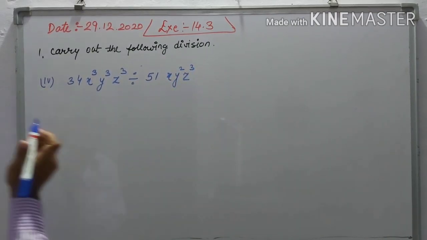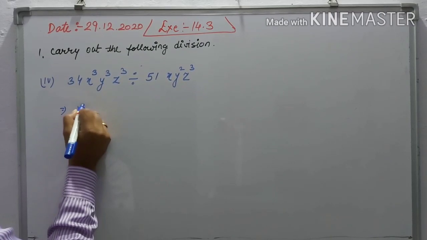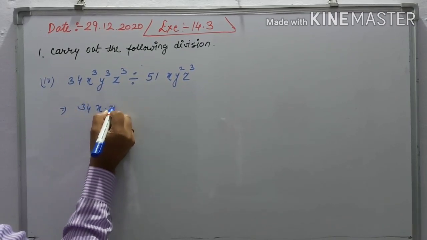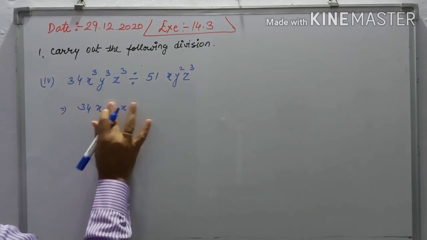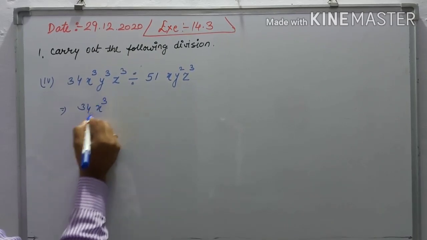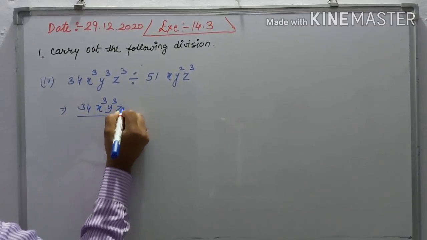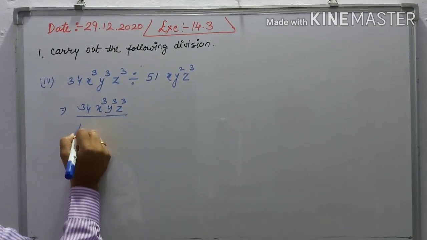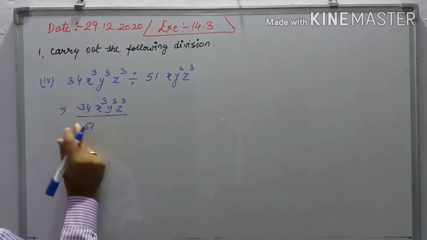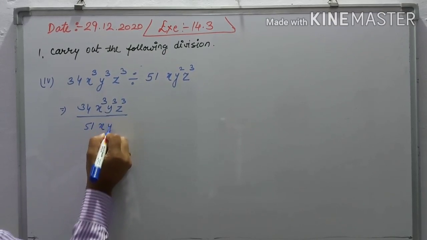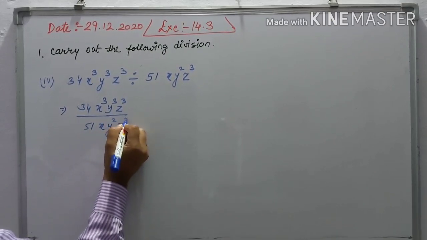Now we solve it by writing 34 x cube y cube z cube upon 51 x y square z cube.